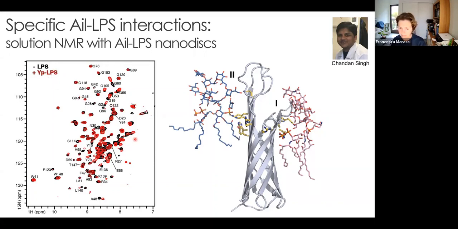You can appreciate that there are a number of changes in chemical shifts. What these do is they allow us to map AIL-LPS interaction sites. And indeed, they allowed us to localize the interaction sites to two clusters of basic residues along these walls of the Yersinia pestis beta barrel.